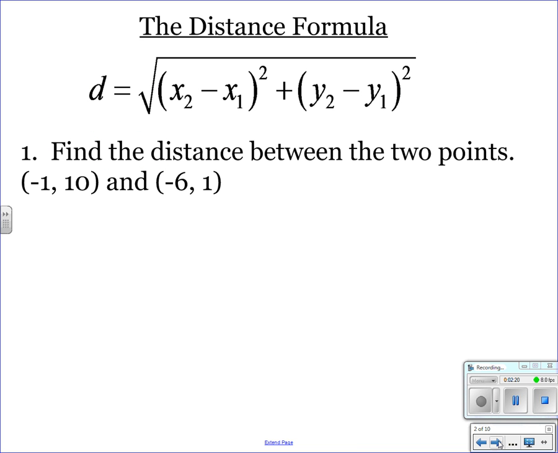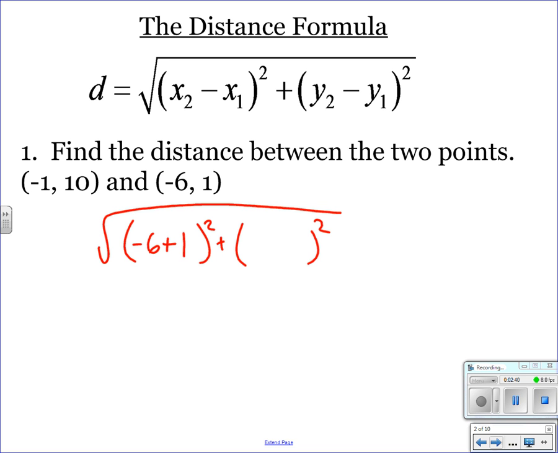Our first example, and I have our distance formula there above. Find the distance between those two points. It's just a matter of plugging in. Square root of something squared plus something else squared. It's the difference of the x values, so -6 minus a -1, and 1 minus 10.